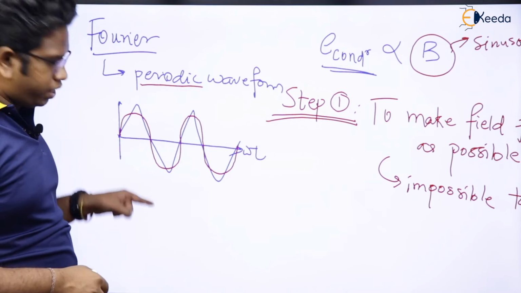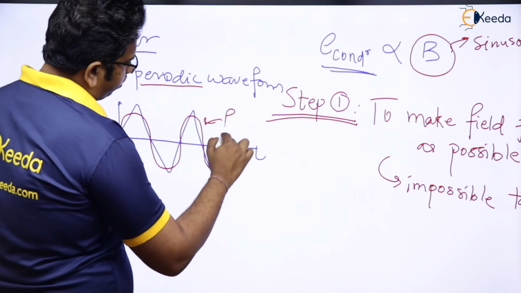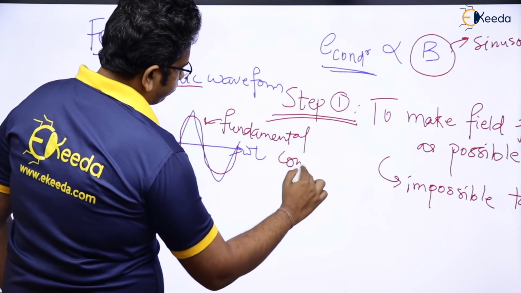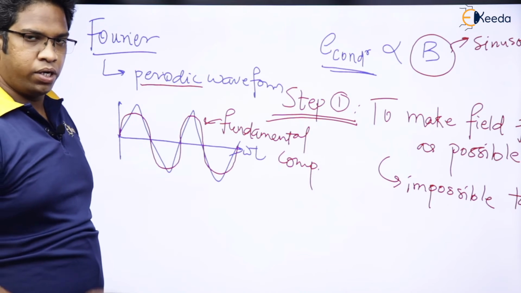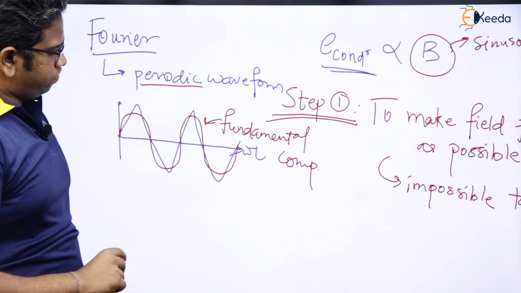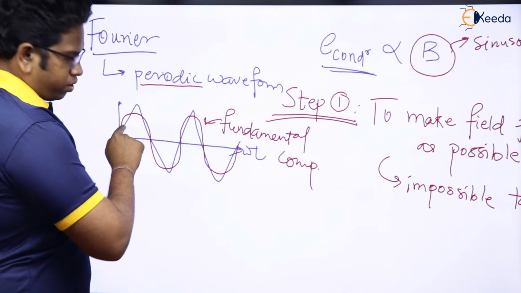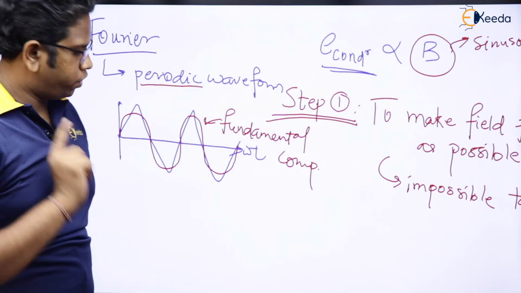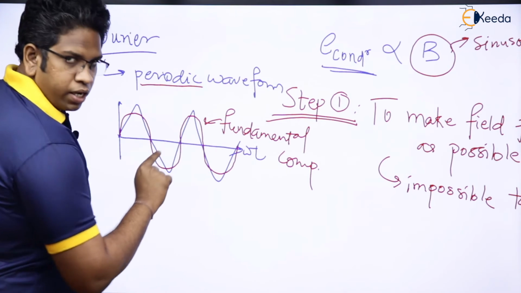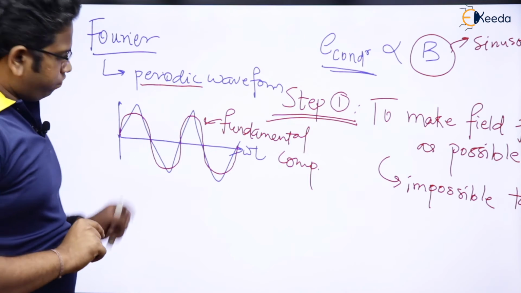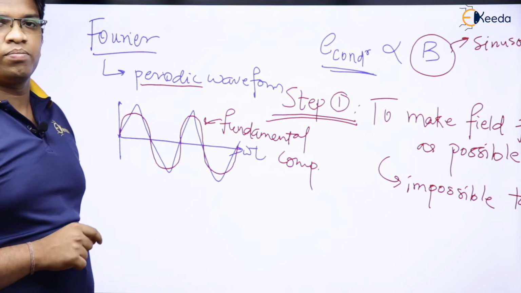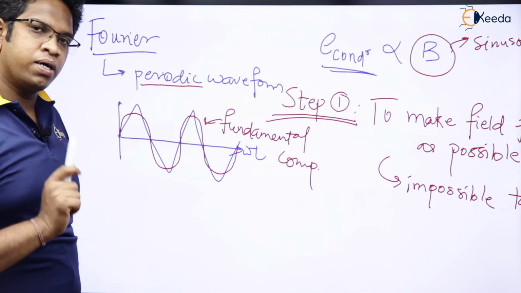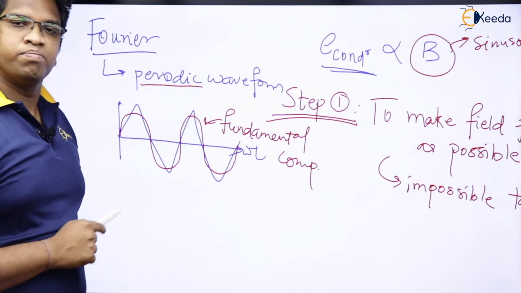This red is also called the fundamental component. What is the meaning? Let us see. When the given non-sinusoidal periodic waveform completes one cycle, this particular sine wave also completes one cycle, which means it is called the fundamental component, or we can say the component having the same frequency.